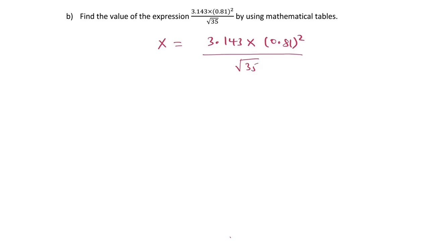Okay, so next let us apply the logarithm both sides. Then our equation is going to be log x equals log 3.143 times 0.81 squared over under root 35.